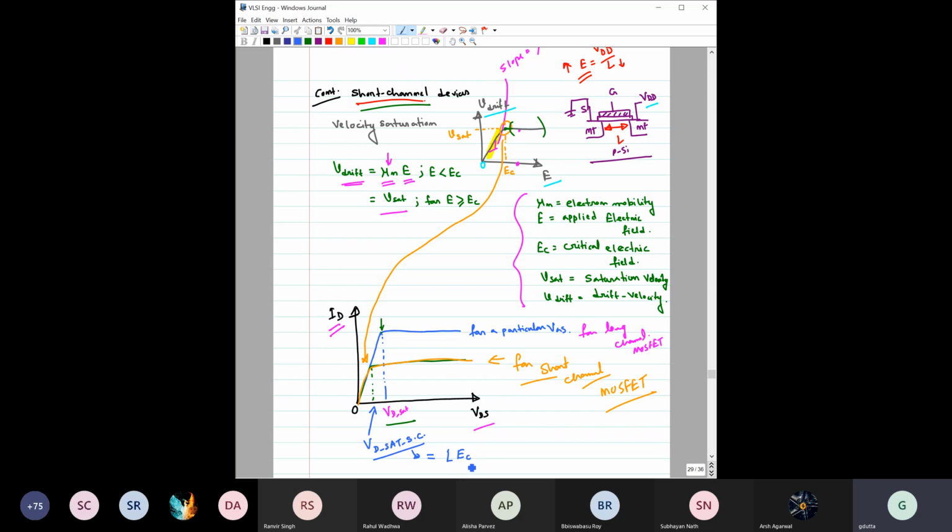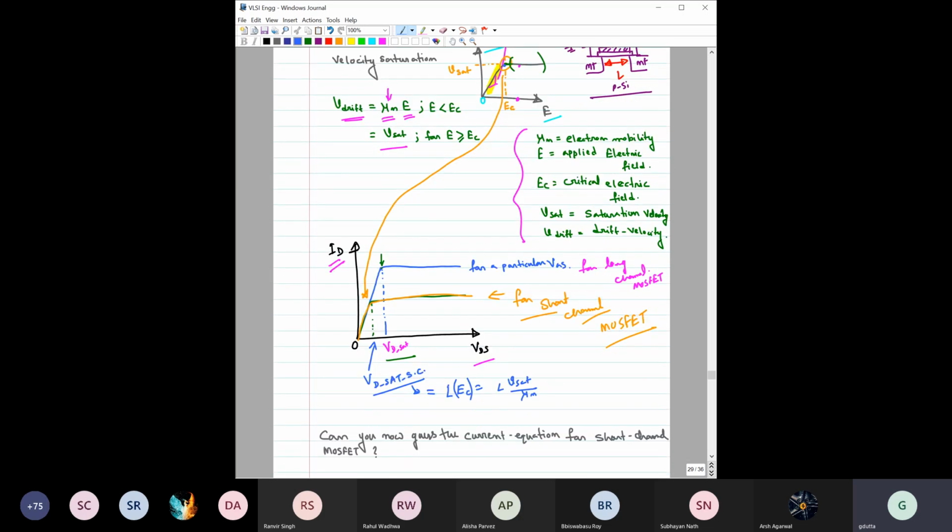Then I can also write this as the saturation velocity divided by the mobility of the electron. And how can I represent this EC in terms of VD sat and mobility? This I can write.